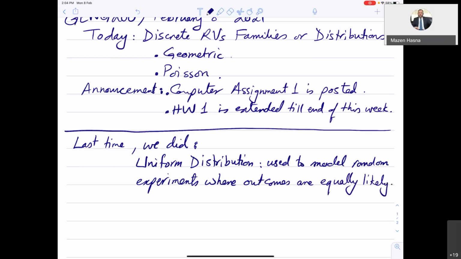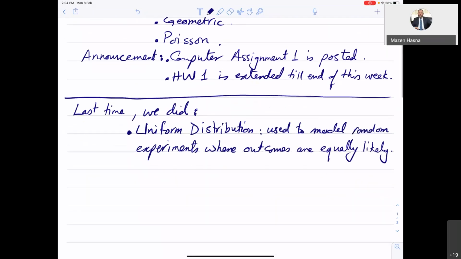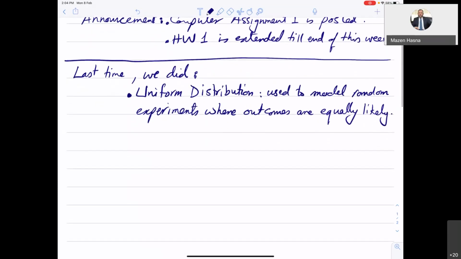So any experiment in which we have outcomes that have the same probability, then we use the uniform distribution.